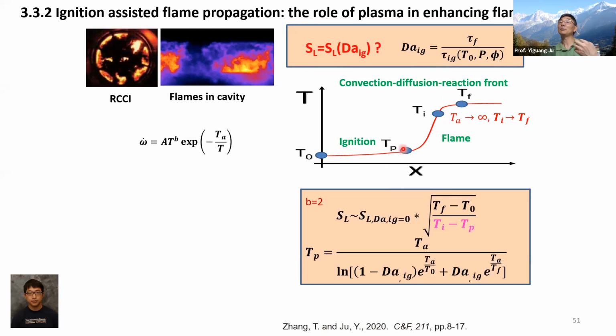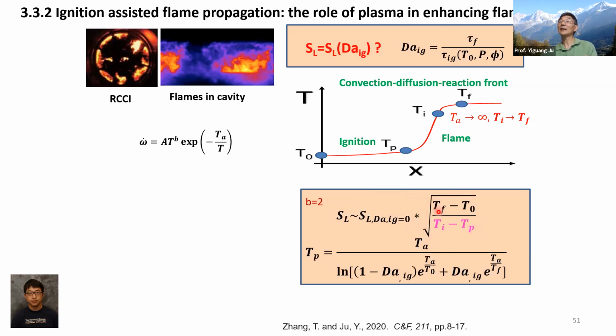And then this partially reacted fluid goes to the reaction-diffusion zone of the flame. So by analyzing this flame structure, you obtain an equation of flame speed. It is now a function of the flame speed when the Damköhler number equals 0, multiplied by this parameter.